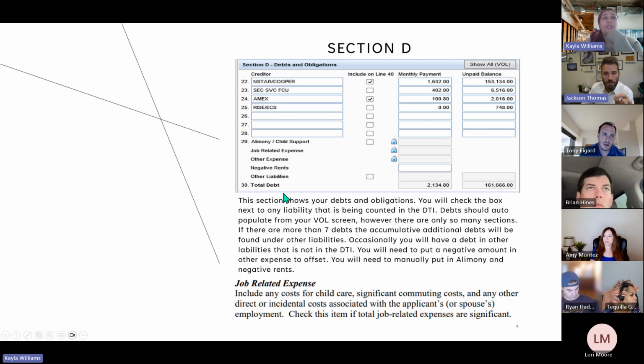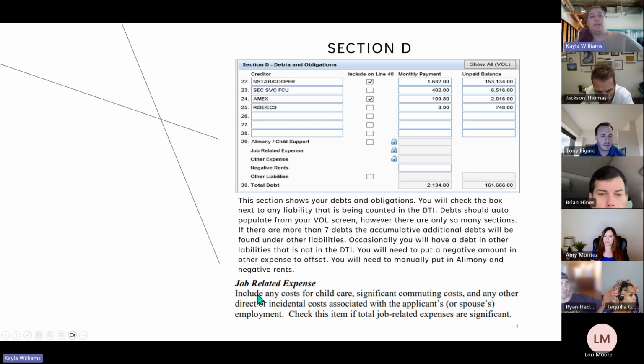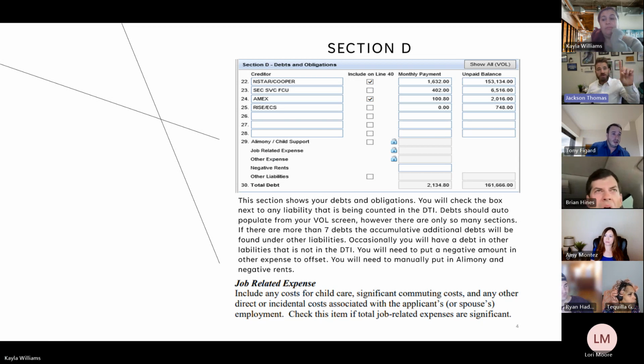That would go in job related expense. So down here you can see it says job related expense. I wanted to point that out to everybody, because that's an important question. That's specifically in the disclosures. That's not a question we want to skip over. You've got to ask, hey, do you have child care expenses?